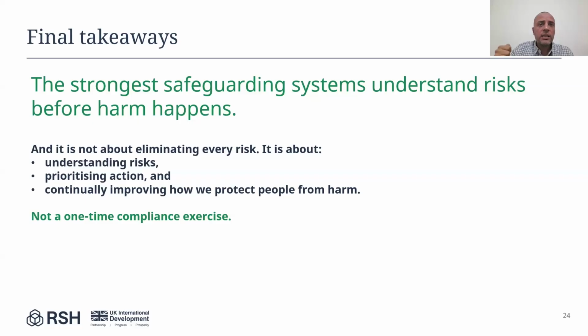Safeguarding risk assessment is not a one-time compliance exercise, it is an ongoing process of understanding risks, prioritizing action, and strengthening the system. Safeguarding is about creating an organization where staff, volunteers, communities, and program participants feel safe and dignified. Thank you so much for your time, and I look forward to your questions.